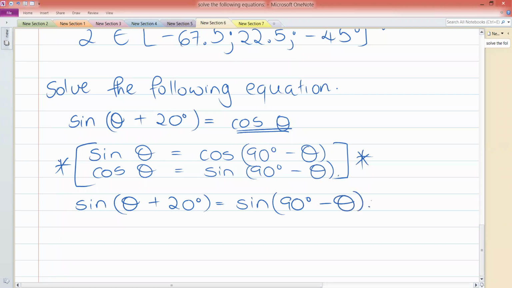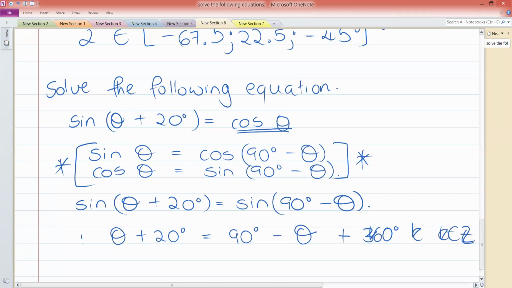Now that everything is in terms of sine, you can do inverse sine on both sides. Then you're left with theta plus 20 degrees is equal to 90 degrees minus theta, plus 360 degrees k, k is an integer. Remember, this is the first equation.